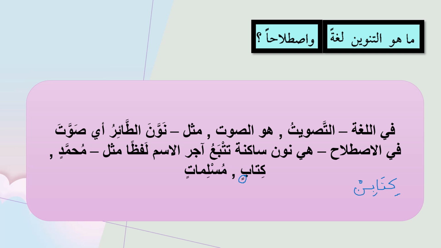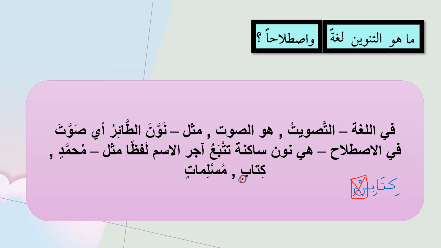But this noon sakina is not needed in the writing, so it is totally omitted. Instead of this noon sakina, a kasra is given, and it is always given on the last letter. So whenever you come across a tanween, know that there is a noon sakina sound hidden inside this tanween.